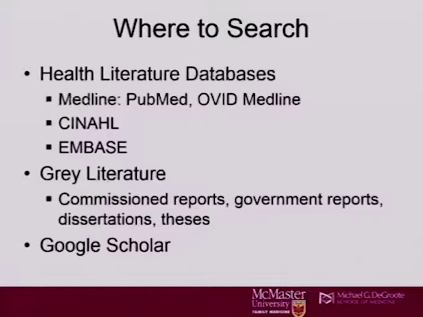We shouldn't forget gray literature too. This is a source of commission reports, government reports, dissertations, and theses that don't fall under the regular publication offerings. And even Google Scholar is not a bad place to start a search, especially if you have a fairly focused question.